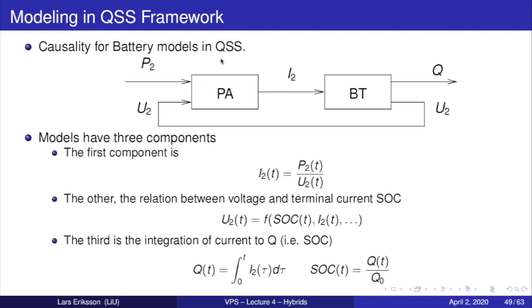So when we have a certain power requirement coming here, that gets translated to a current requirement that goes into the battery. And the battery then keeps track of the electric charge Q that we have in the battery.